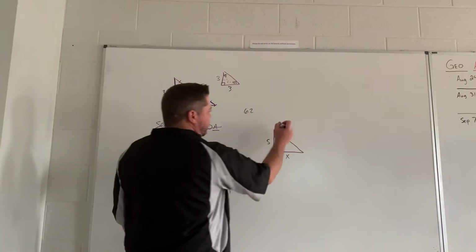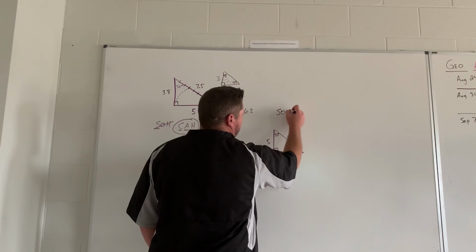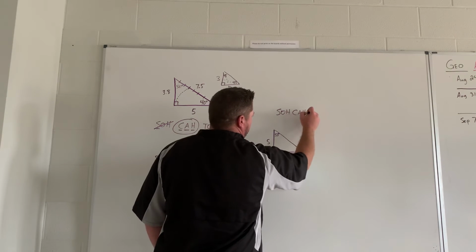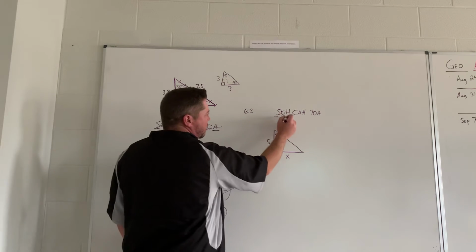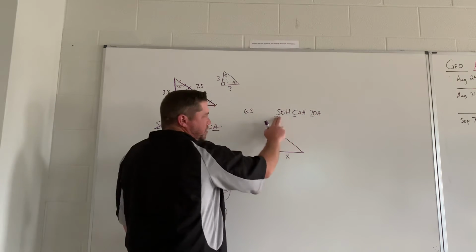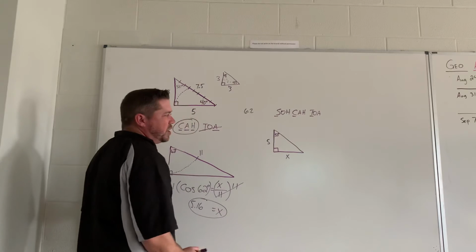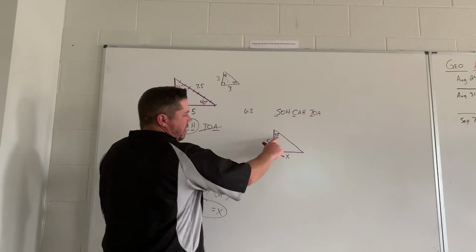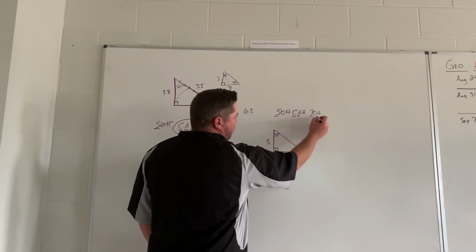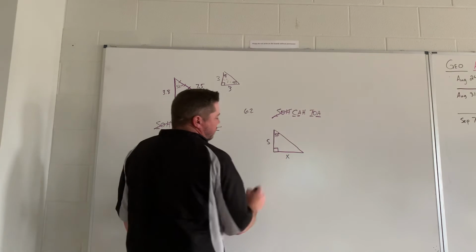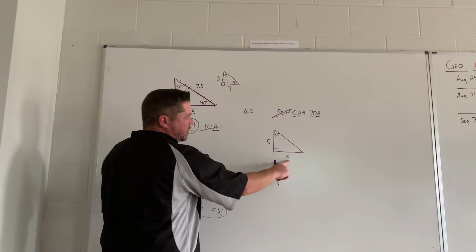All right, so I'm going to do the same thing. SOHCAHTOA. I'm given an angle. And once again, I just do this stuff in my head, but it may help to write it out the first couple times. I have the adjacent, and I'm looking for the opposite.